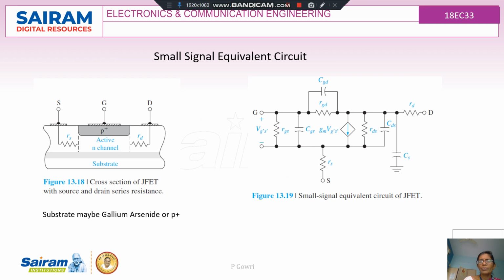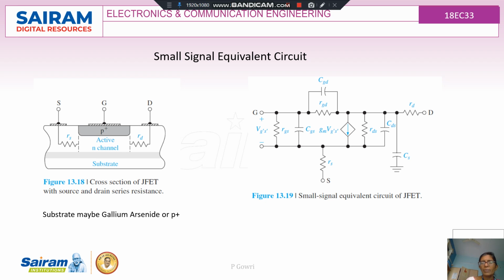So coming to the small signal equivalent circuit. We know that any device can be represented for its analysis in terms of its internal resistance and capacitance. Here, when I take a JFET, we know that it consists of three terminals, namely the source, drain and the gate.